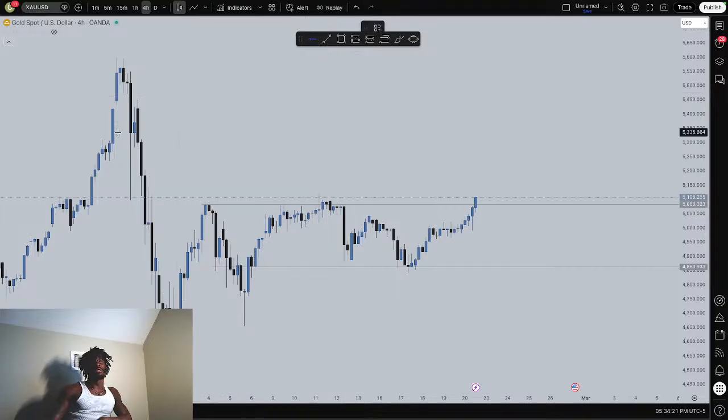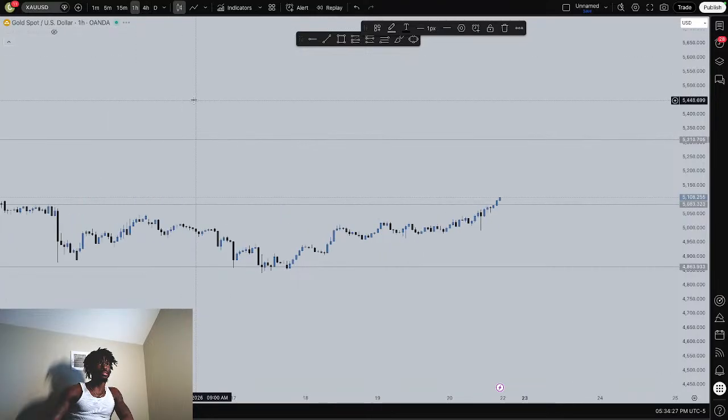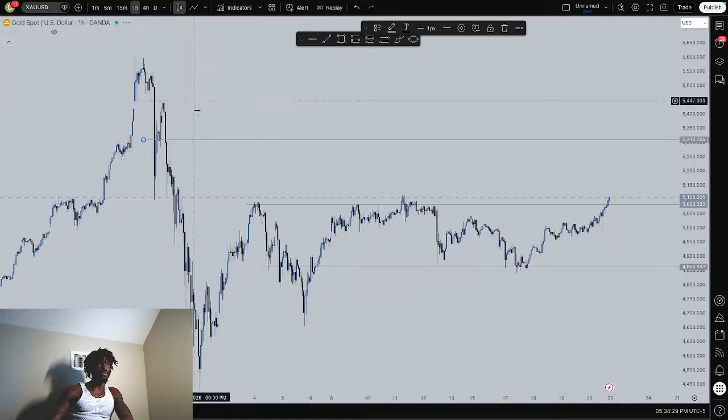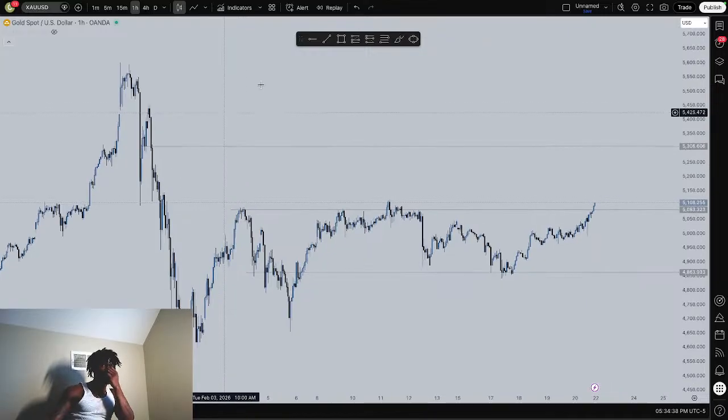So I'm going to look at 5,300 as well. I'll adjust it, make it a little bit cleaner. Yeah, this actually looks very beautiful here. And then I'll put another one at the previous lower high up here.